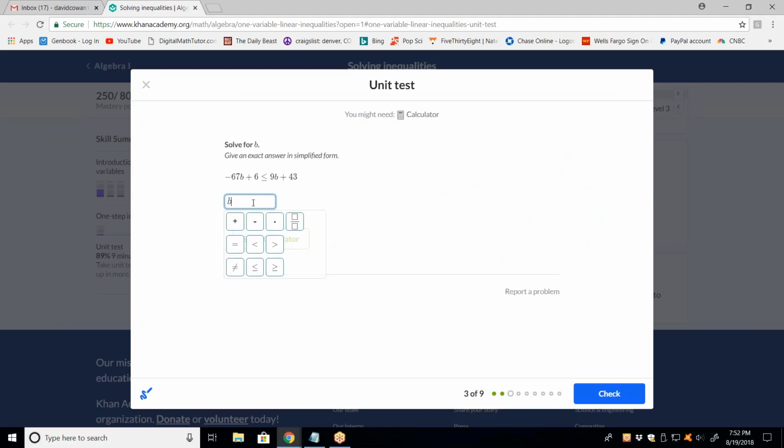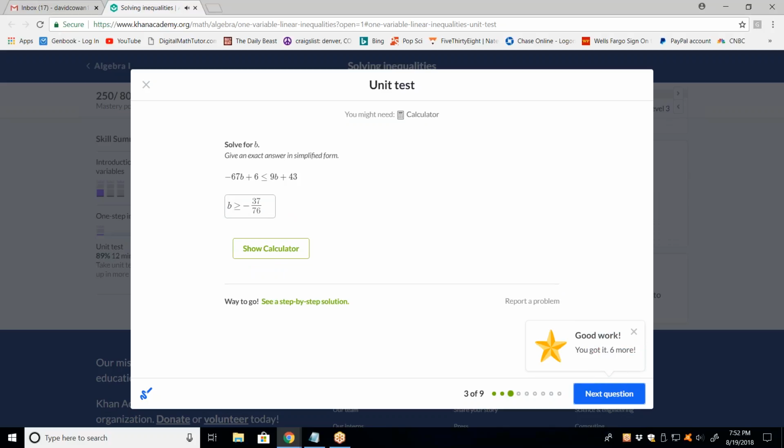B greater than or equal to negative 37 divided by 76. Right? Yeah, it was less than.